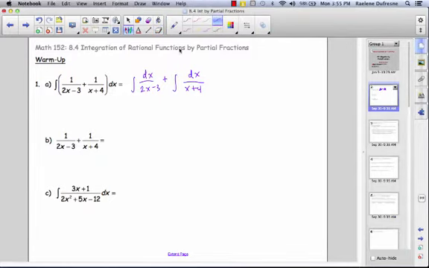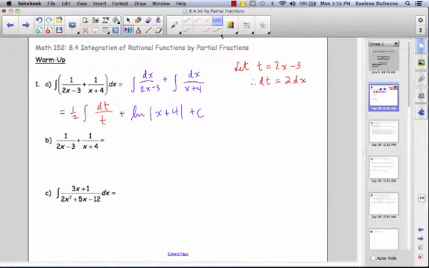a substitution, and I will let t equal 2x minus 3, so that dt is equal to 2 dx. And then we will get 1/2 times the integral of dt over t. Plus the integral for the other one won't change, so I'm actually going to integrate it straight away.